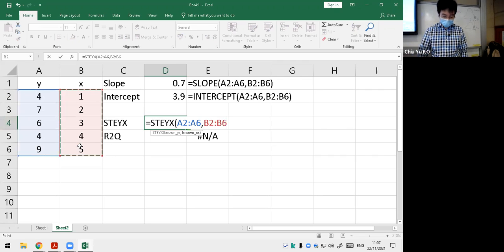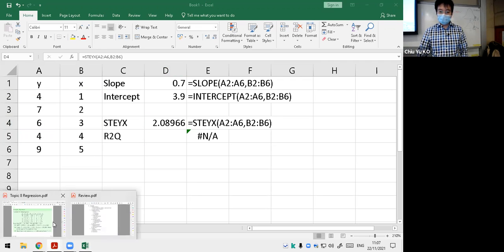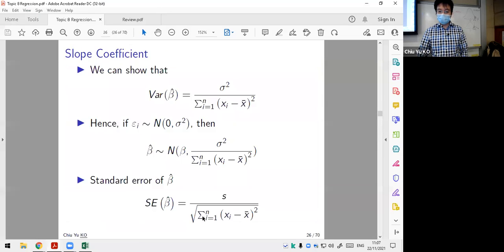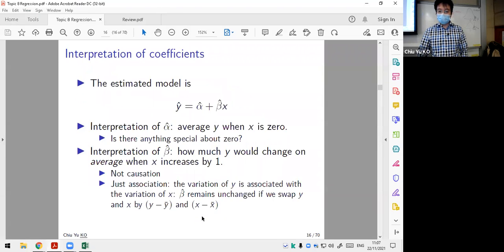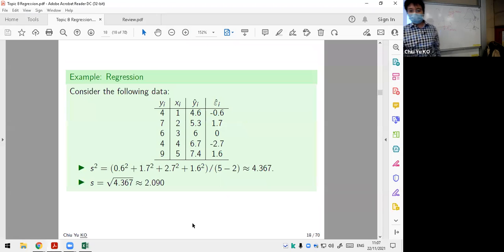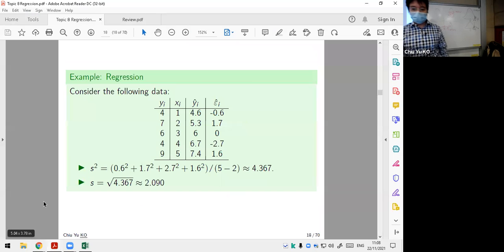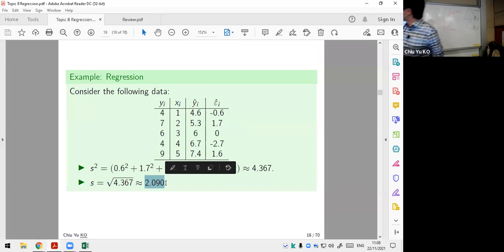You calculate this guy, and what you will see is 2.08. What is that guy? Remember, go back to here. I have said the important thing is S, because S up here is 2.09, right? And S is up here in the F denominator. We show you how to calculate S, this 2.09. Of course, you can go all the way up, but this is how you calculate S.